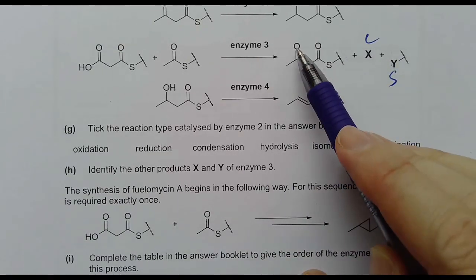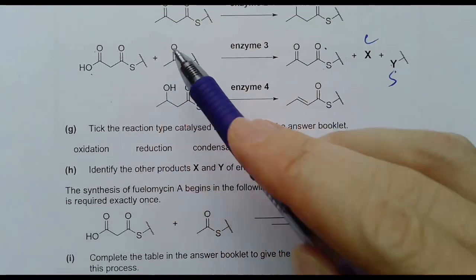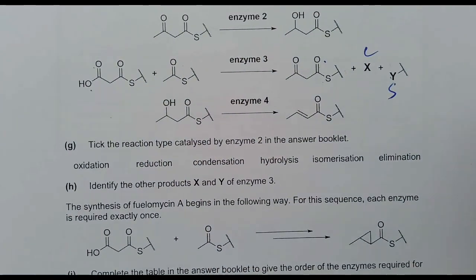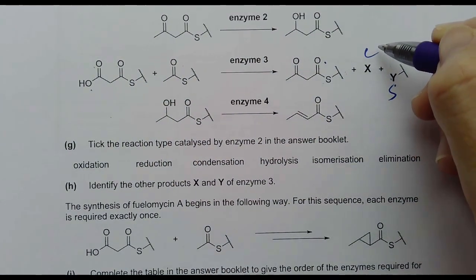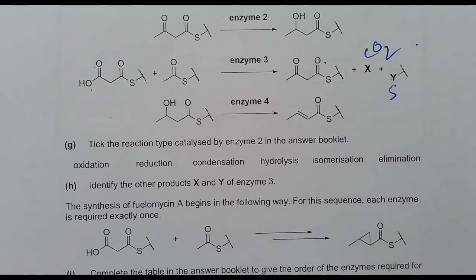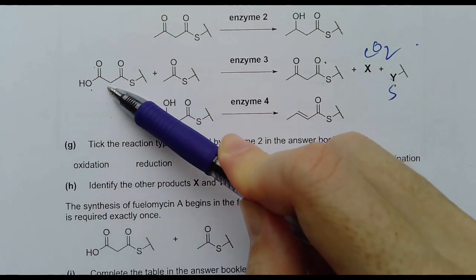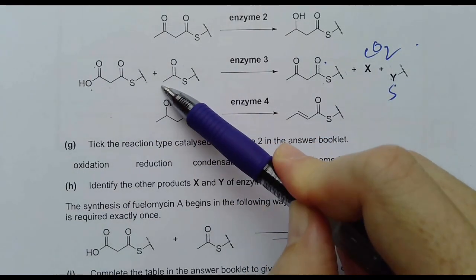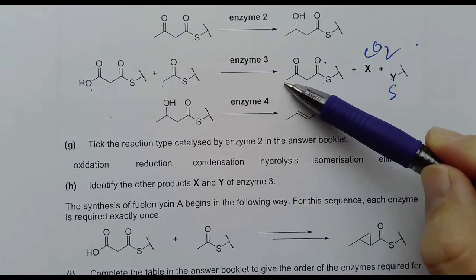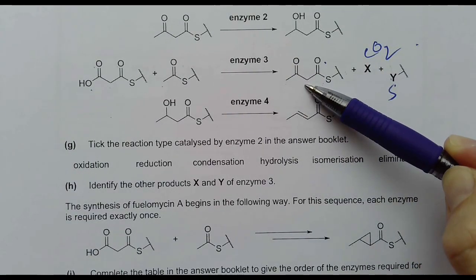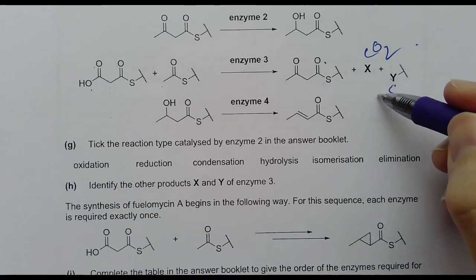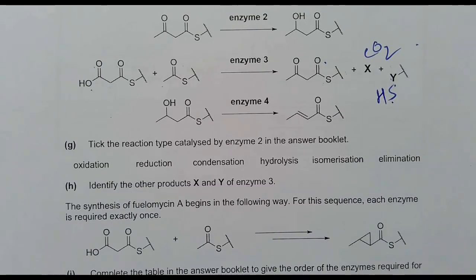Then oxygens. Well, I've got 2 oxygens here, and I've got 4 oxygens here. So at this point, if you haven't thought CO2, you're probably not thinking hard enough. And then I can count up my hydrogens: 6, and 6.